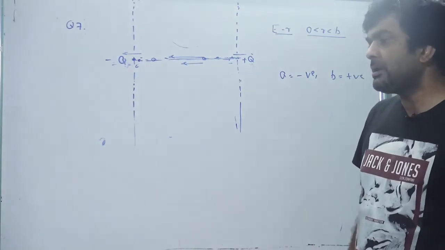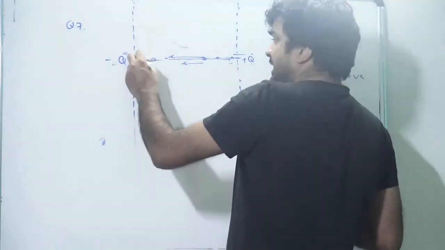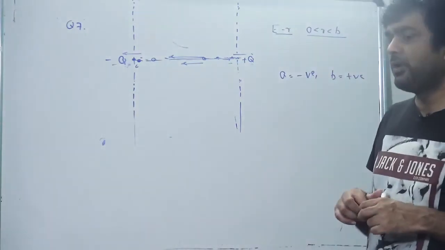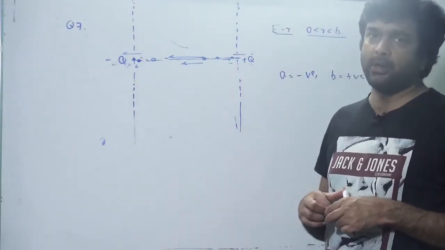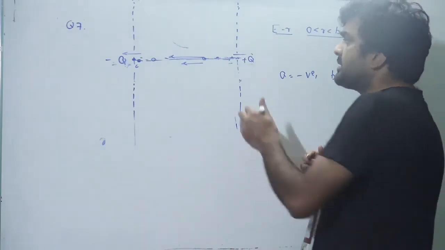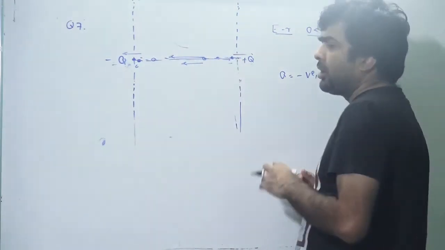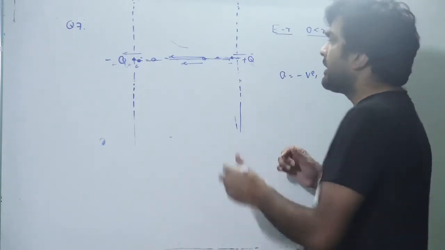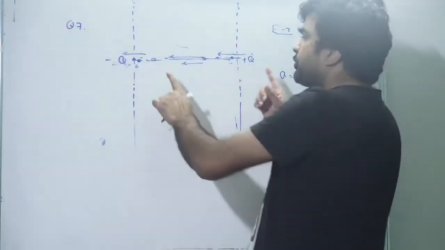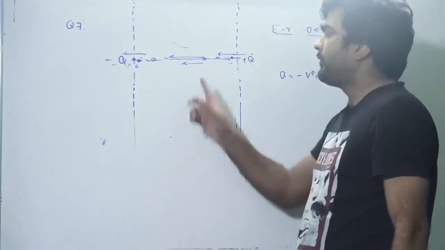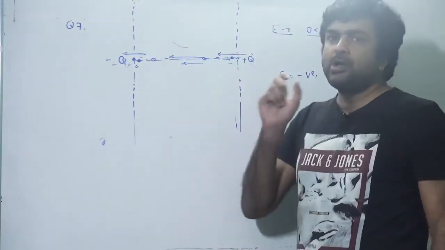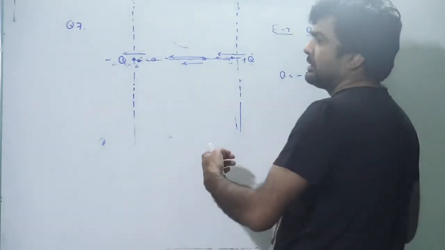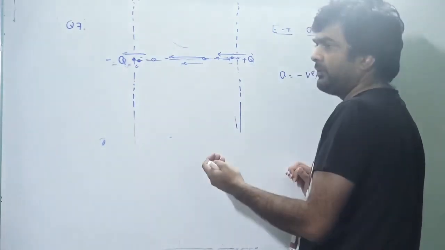And similarly, just near this charge minus q, on the right side of it, electric field will be infinite in magnitude. And just near this positive charge, on the left of it, electric field will again be infinite in magnitude, directed towards left. So both values of electric field at these points will tend to minus infinity. So the graph should be just the reverse of the previous case.